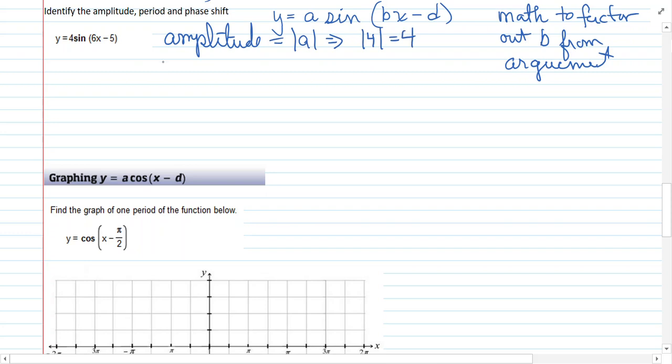Now, when it comes to calculating the period change, all right, we have to factor out 6. So let me write it down.